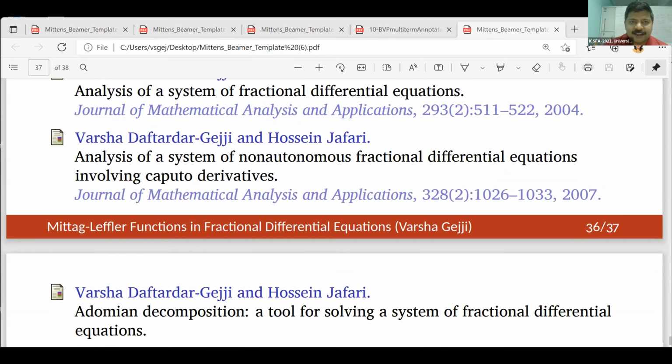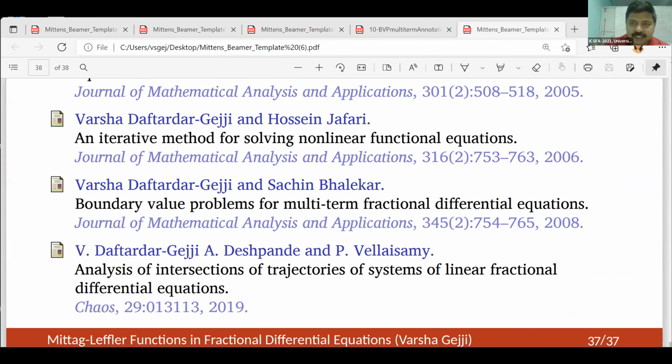It is nice hearing these sessions, and I think the participants have also very much benefited from this session on fractional calculus. In fact, we had a paper presentation session also on fractional calculus today, so it was nice. So I thank Professor Virginia Kiryakova for her presentation, also Iva Kaslik for her nice presentation, and Francesco Mainardi, who, even in his busy schedule, took time to deliver a talk in this area. Sachin Phalekar sir, thank you very much, and Varsha ma'am for organizing this symposium. It was really nice, and a beautiful selection of papers also.